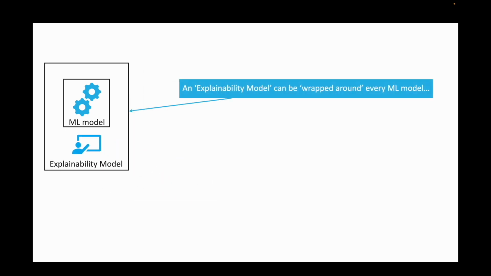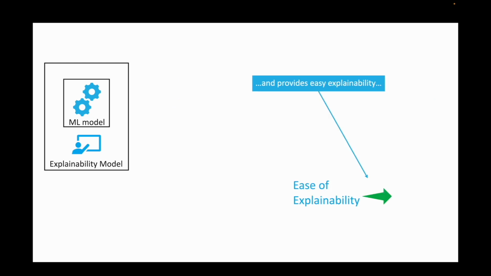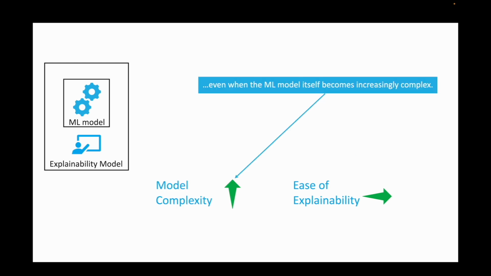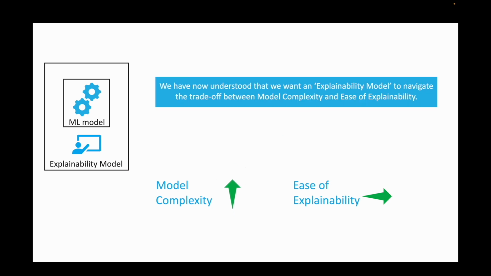An explainability model can be wrapped around every machine learning model and provides easy explainability even when the machine learning model itself becomes increasingly complex. We have now understood that we want an explainability model to navigate the trade-off between model complexity and ease of explainability.